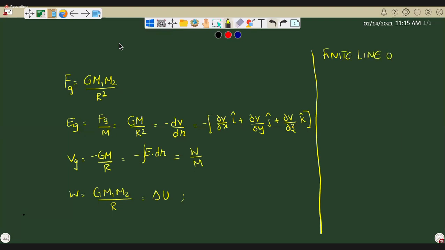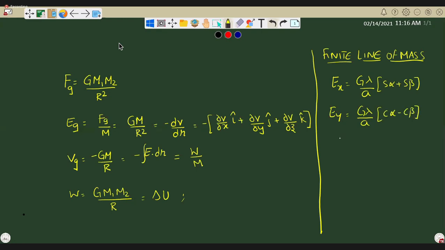then your electric field in X is G lambda by A into sin alpha plus sin beta, and your EY is G lambda by A into cos alpha minus cos beta.